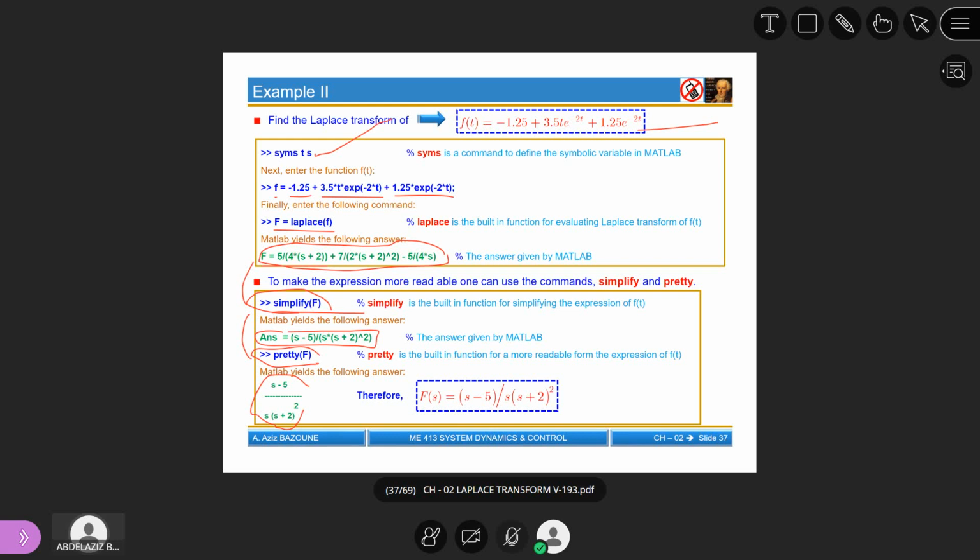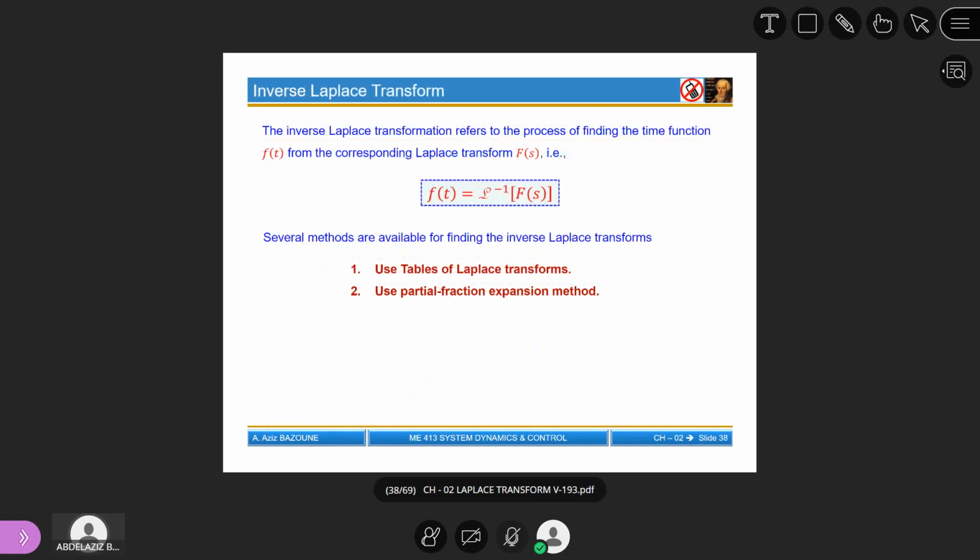So now, so far you have two tools. One is the tables. The other one is Laplace. You can use these two tools. So far, Shabab, we have seen the Laplace transform. But at the same time, we need to have the inverse Laplace transform.